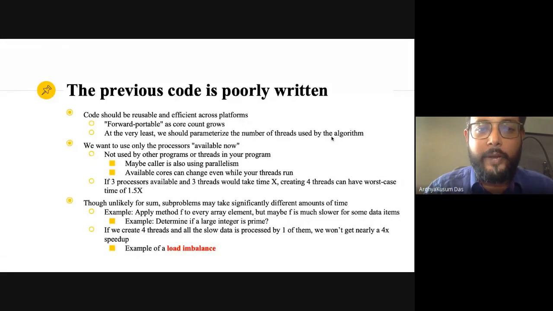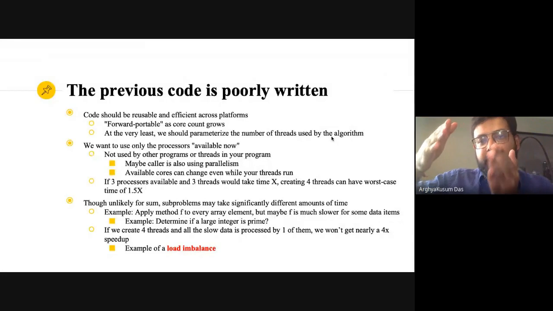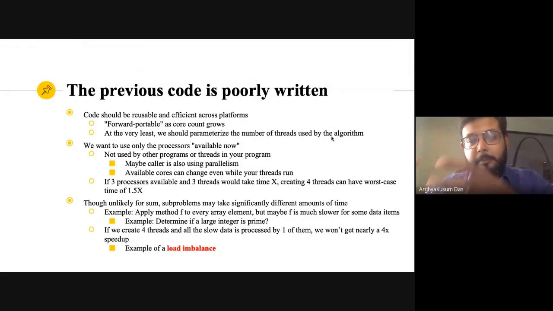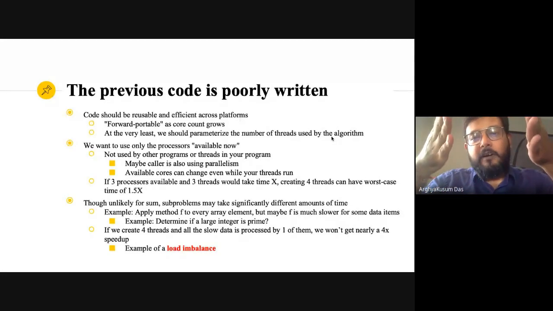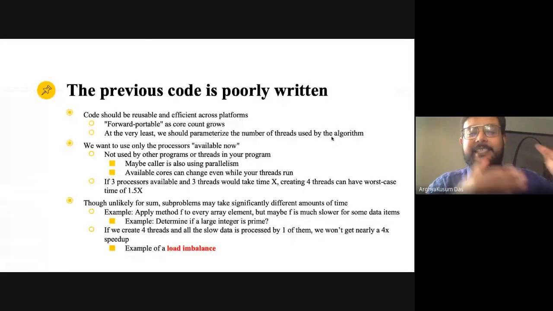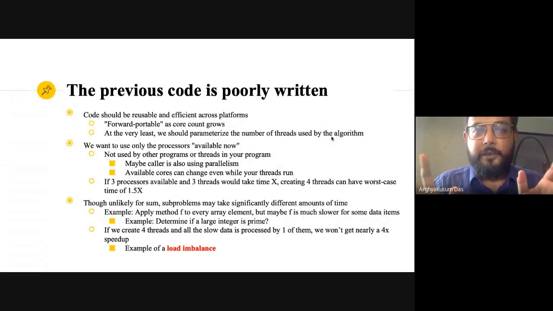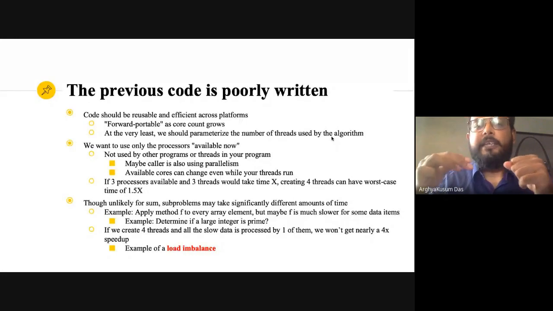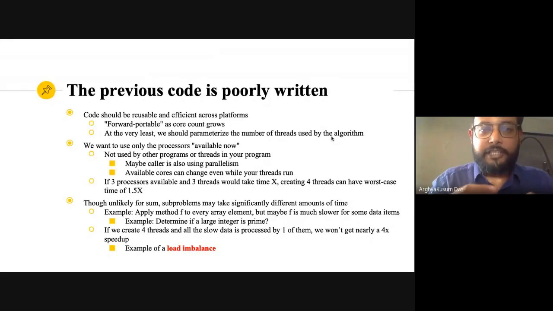So why is parameterizing necessary? If you run the same code on a machine where the number of processors is less than the previous machine, then it's okay. As we have said, one of the strategies to write a good parallel program is to increase the number of threads, many more than the number of processors, so that everything is load balanced.